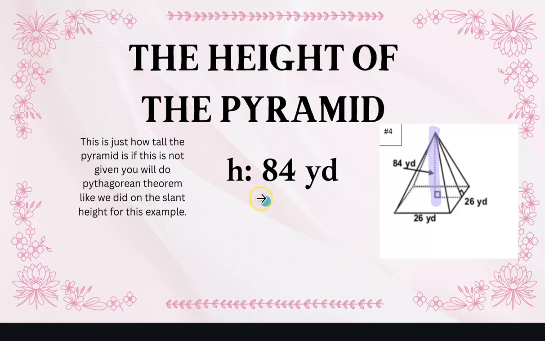And the height of the pyramid is just from the tippy top of the 3D figure all the way down to the base. If it's not given to you, we will perform the Pythagorean theorem to find it, like we did to find the slant height. For this one, it's just 84 yards.